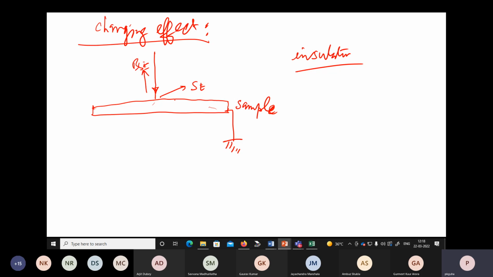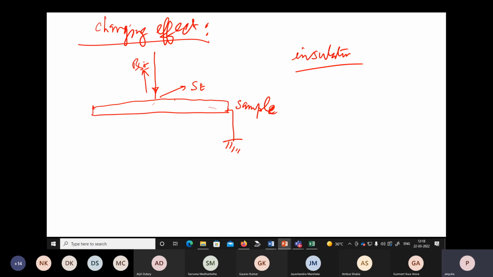So secondary electrons find it difficult to come out of the sample, and this creates the charging effect. You will get bright and dark spots on the sample surface, which is a problem, because then you can't see the sample surface.